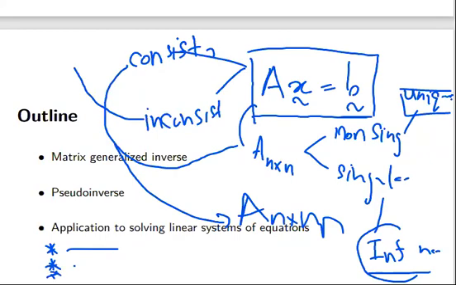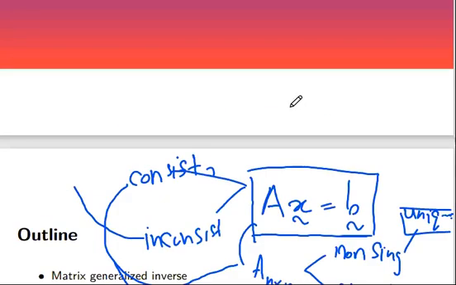If the matrix is rectangular, the matrix is singular, how do you find at least the minimum solution? What is the minimum solution? You have learned norms. So here we have a solution set, because there are infinitely many solutions to this system.